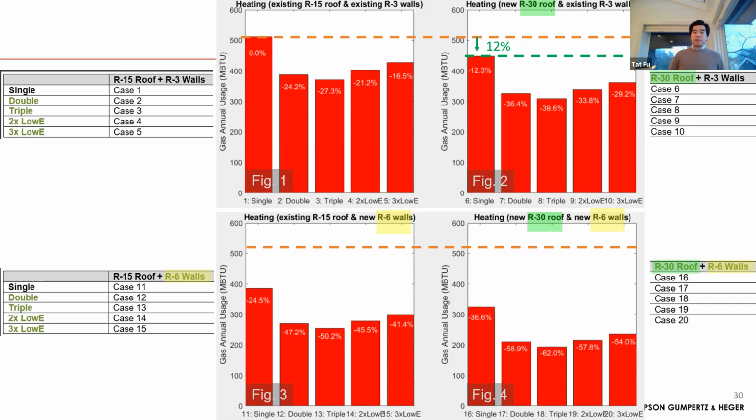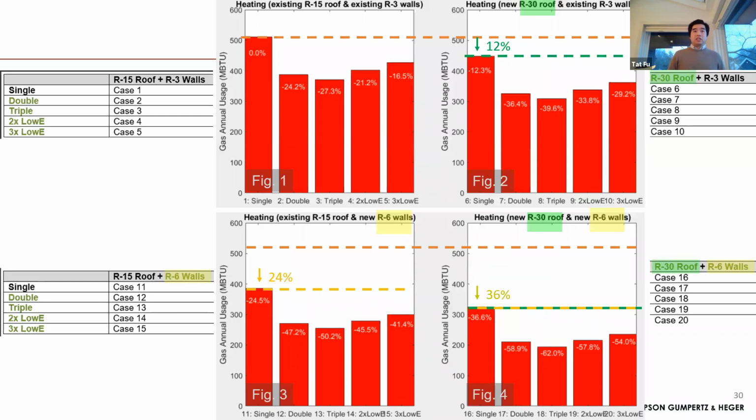If we look at figure 3, which upgrades the wall from R3 to R6, you can see a 24% reduction. This is a good example of what Luke talked about at the beginning when he gave you option A and B: upgrading a lower R value, I think it was R2 to R4, versus upgrading a roof from R30 to R50.